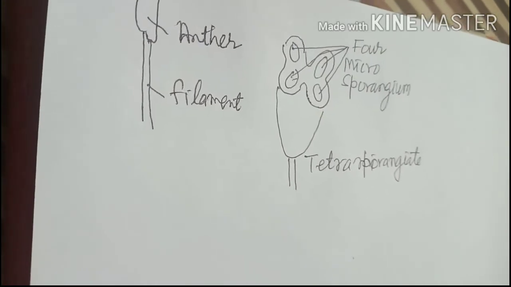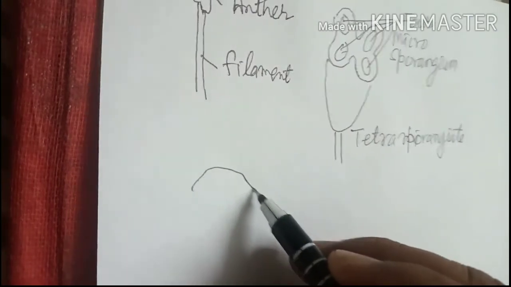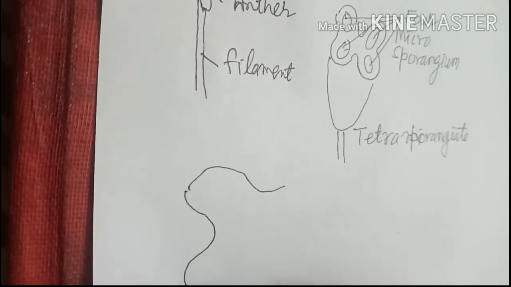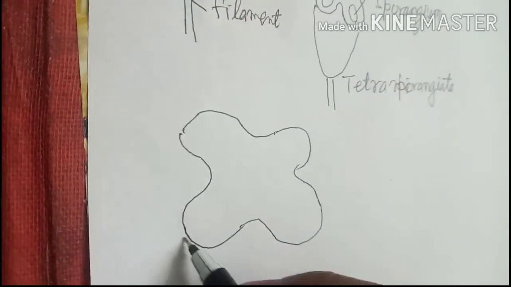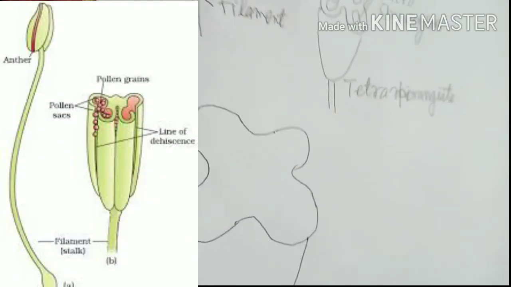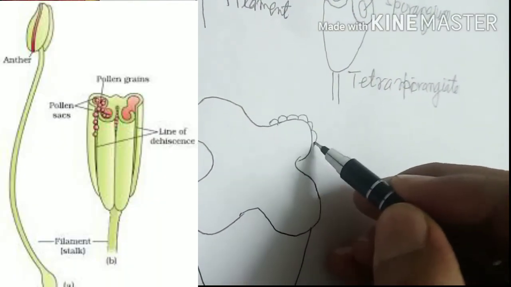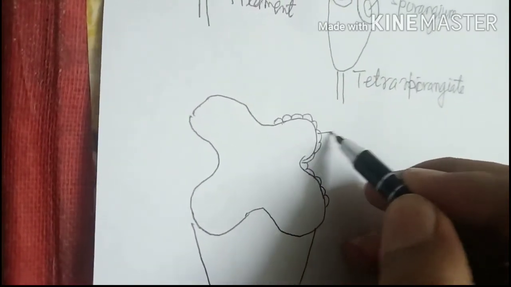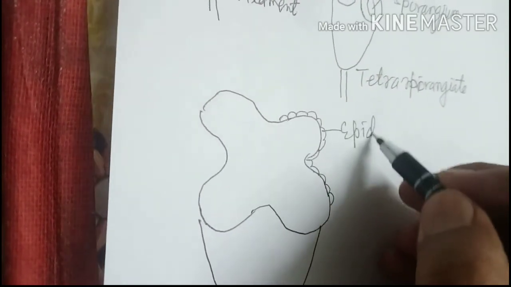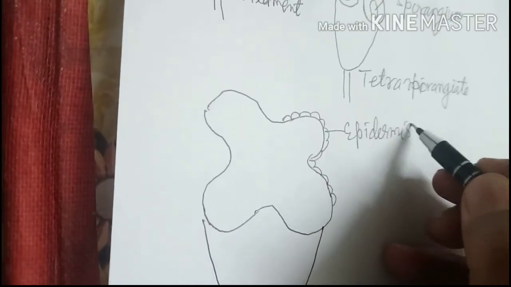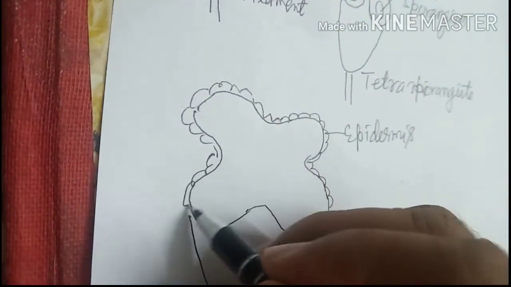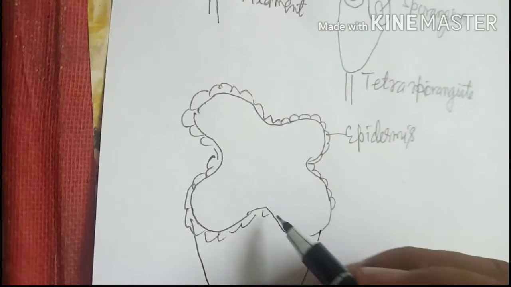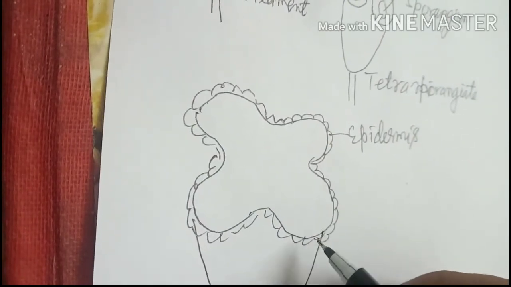If you see a transverse section of a young anther, this is the young anther lobe. This outermost covering is called the epidermis.